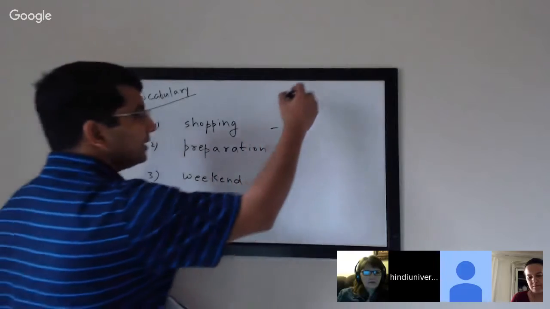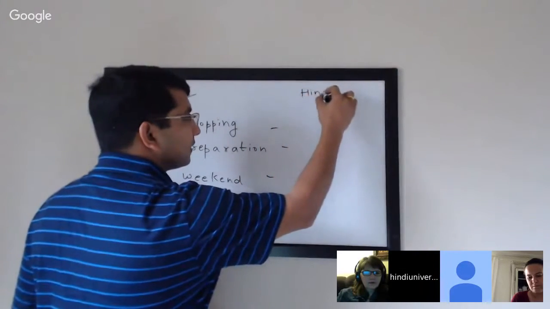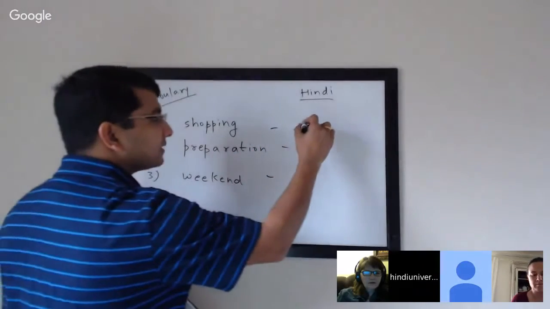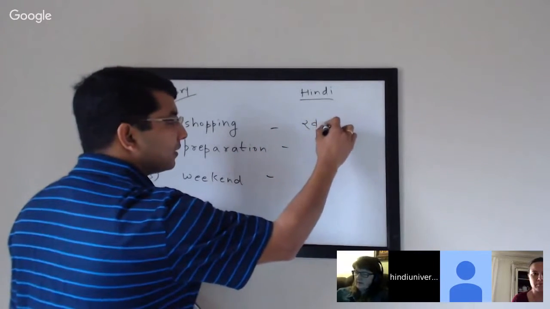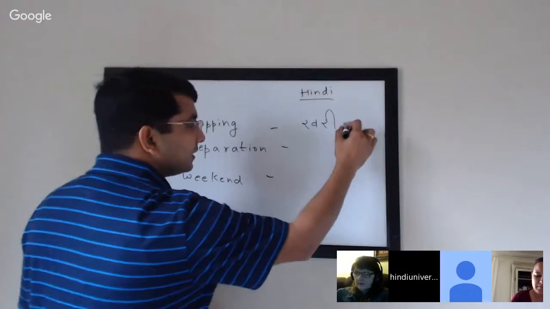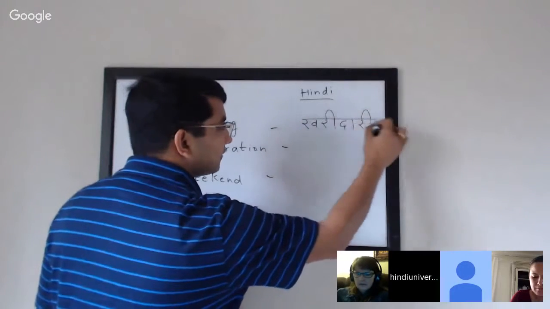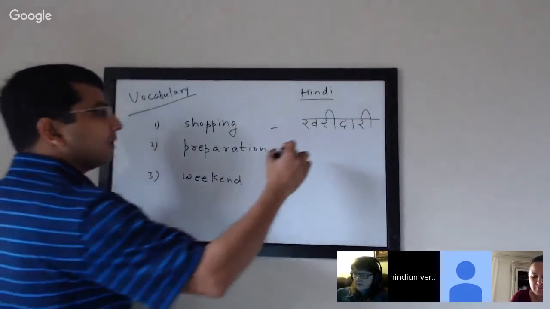Shopping in Hindi is basically kharidari. You will write it as kha, r with e, d with a, and re: kharidari.